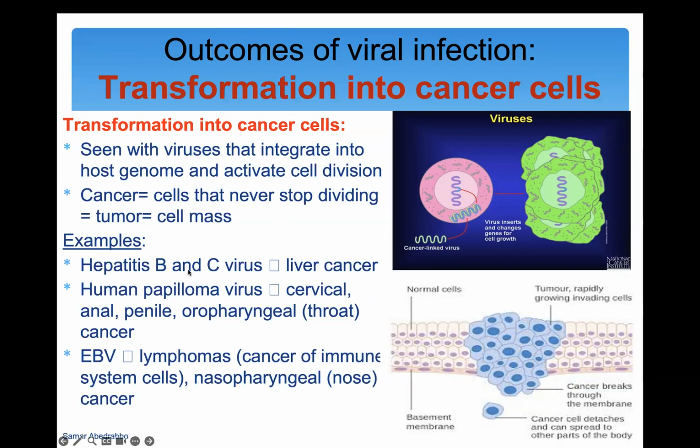Human papillomavirus has a very high risk of causing cervical cancer and other types of cancer. EBV may be associated with lymphomas, which is cancer of the immune system, etc. So that's what it means. Any virus that can trigger cells to divide can cause cancer.